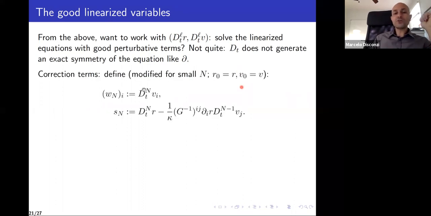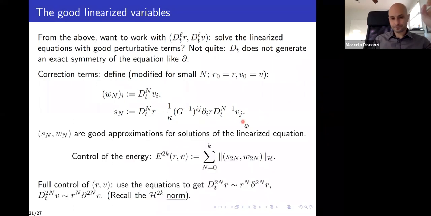So what you do, you introduce some new variables that we call the good linear variables, which are precisely what you want, the material derivatives of V and R. So here I'm taking n material derivatives, so I'm indexing these variables by n, but I subtract by hand that term that I need for the cancellation. And the idea is that these variables S and W, with the subindex n, are good approximations for solutions to the linearized equation.